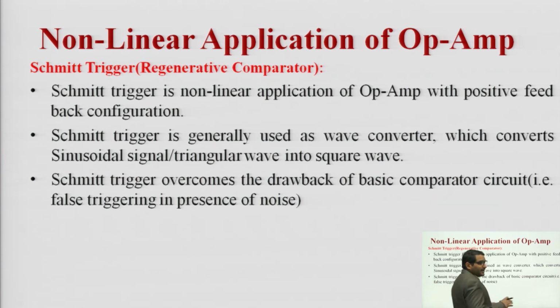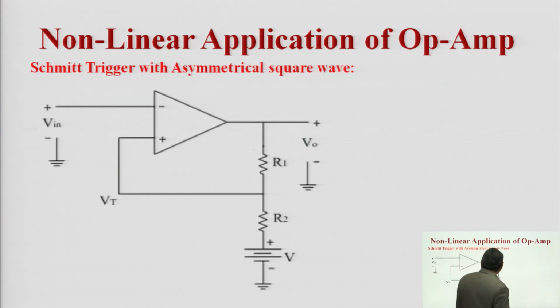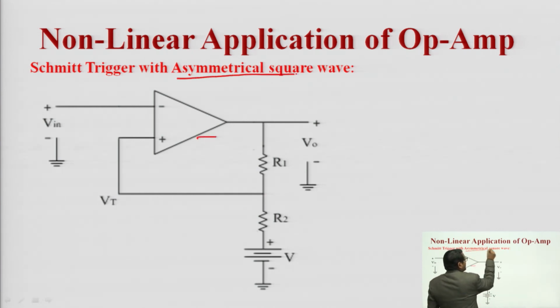We can also say it is a wave converter: it can convert a sinusoidal, triangular or sawtooth wave into a square wave. So, this is the circuit, and we clearly see here an asymmetrical square wave, which means the duty cycle is not 50%.